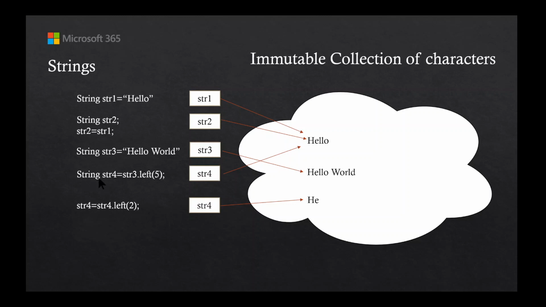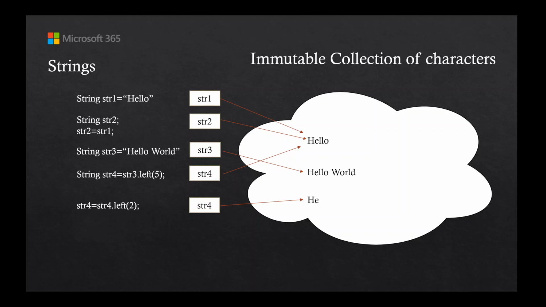Now the fun begins when you write str4 equal to str3.left5. That means I'm trying to take 5 characters from the left of str3. The moment you do that, even though you have not set str4 to str1 or str2, it finds that you are trying to store a string which is hello.